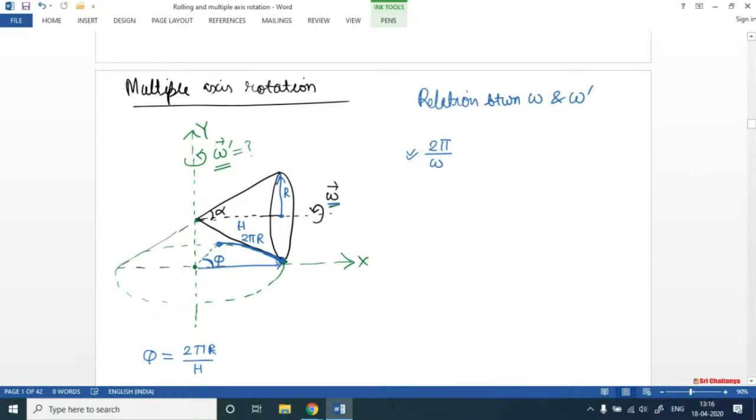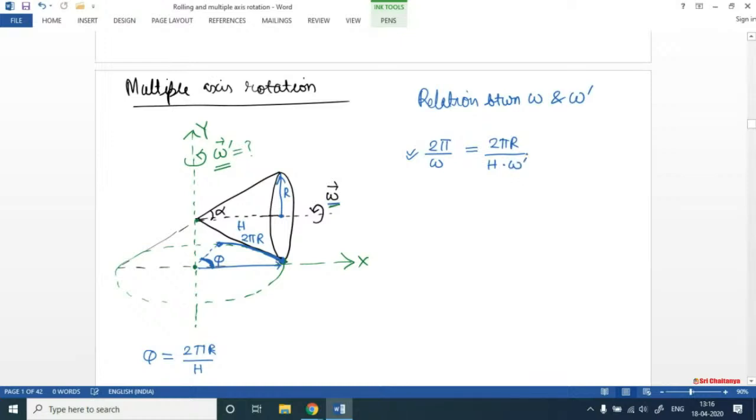So it is undergoing this much angular displacement phi in this much time. So what we can say, if the angular velocity about this axis is omega dash, the time is phi by omega dash, with phi we have already got as 2 pi r by h.